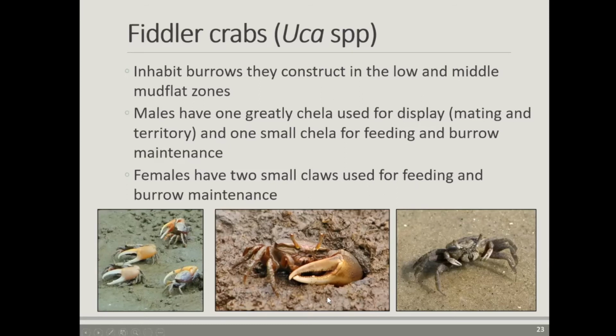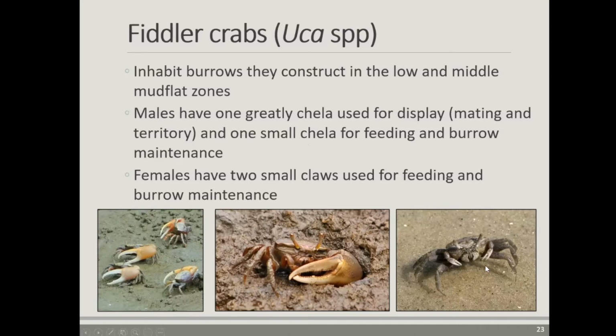They've got to spend a lot of time down in their burrows where they have water. The males have that 1 greatly enlarged chela, and this is used for mating displays and territorial displays with other males. And then they have 1 business end chela, which is used for feeding.